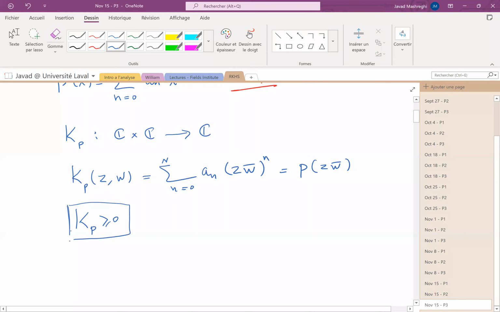Even though it's trivial for us now, K_P bigger than or equal to 0 means it is a kernel.